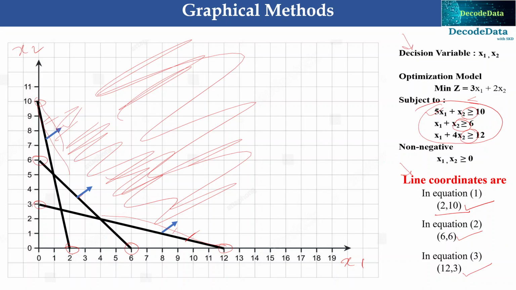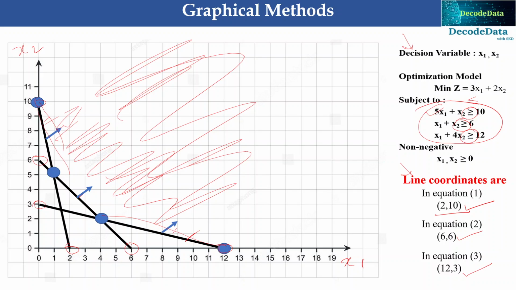Now that we have the common area, the next job is to find the coordinates of the intersection points of the common area. This is the first coordinate, this is the second, this is the third, and this is the fourth. With three constraints, we have three lines and four different coordinates in the common area.